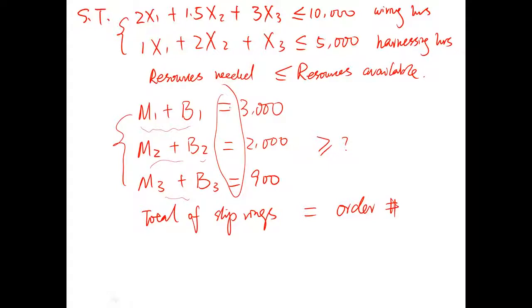So if we can find the solution at a strictly equal level, they won't be greater than that. But changing those signs to greater than or equal to improves our chances of getting a feasible solution.